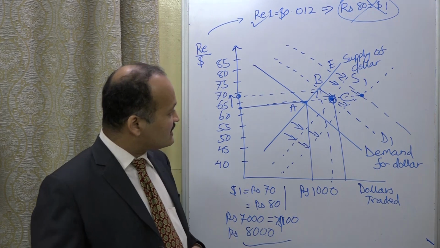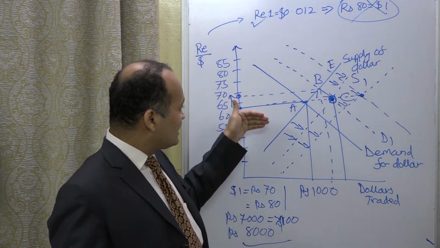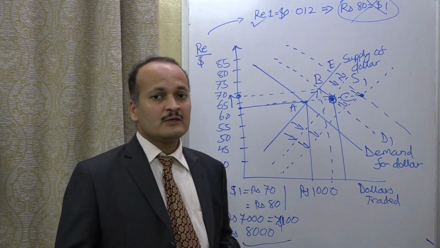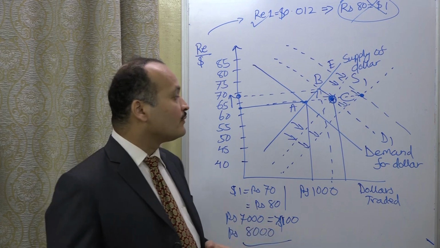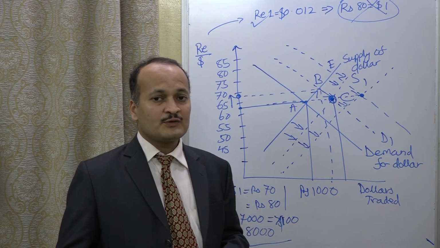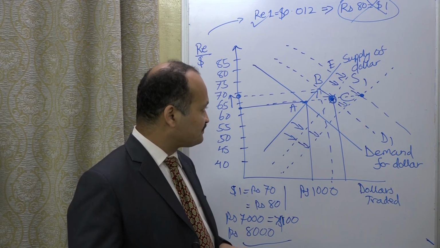Now RBI's stated stance is what? That they don't try to target any particular level of exchange rate, but they try to remove undue volatility from the foreign exchange market so that orderly conditions are met in the foreign exchange market.